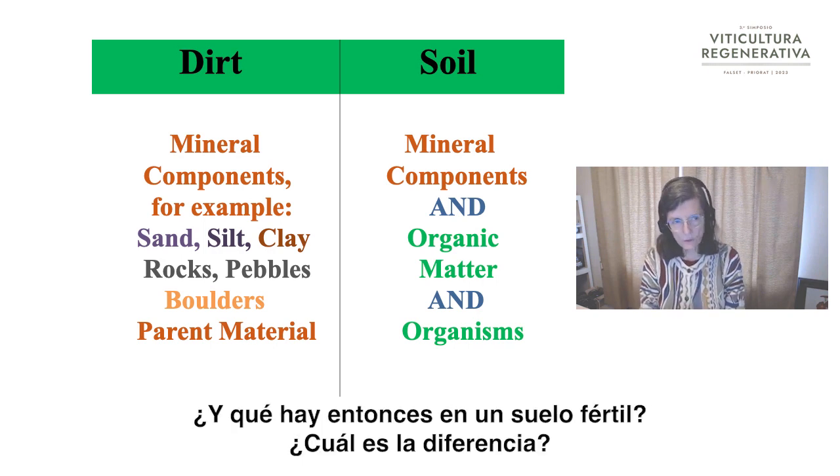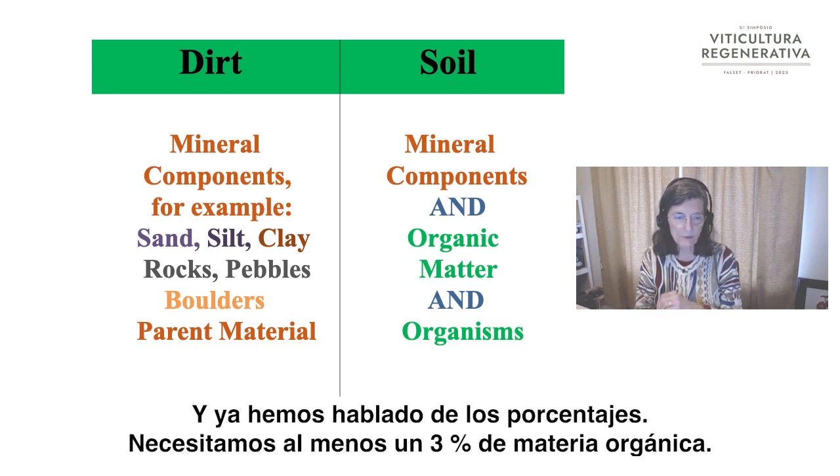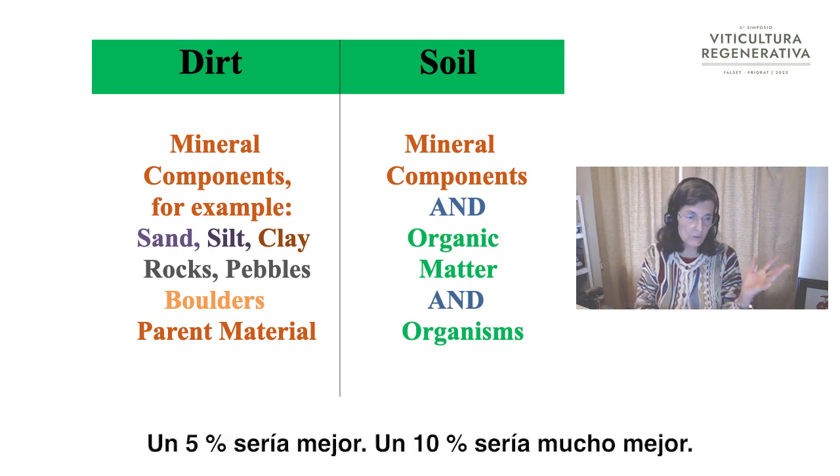What's in soil then? What's the difference? Well, we've got the mineral components in the soil, but now we have to have organic matter. And we already talked about what the percentages are. We need at least 3% organic matter. 5 would be better. 10 would be even better.